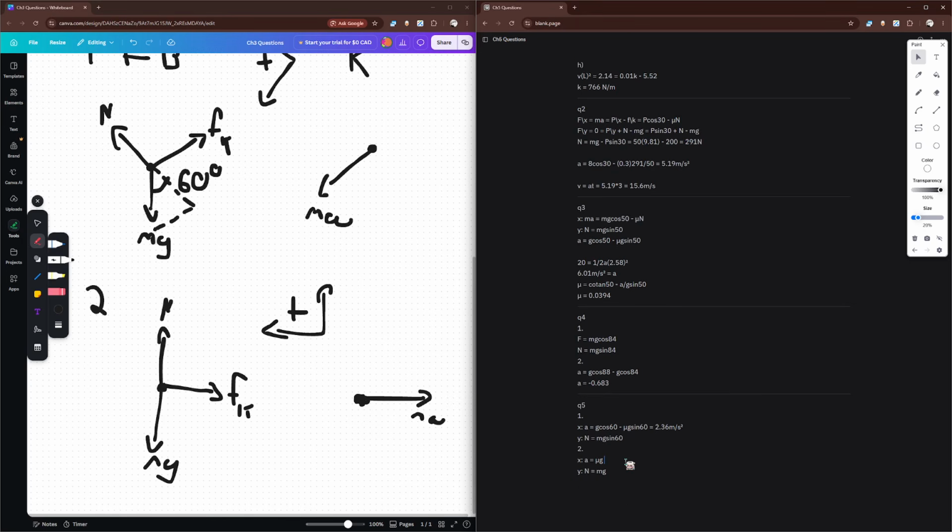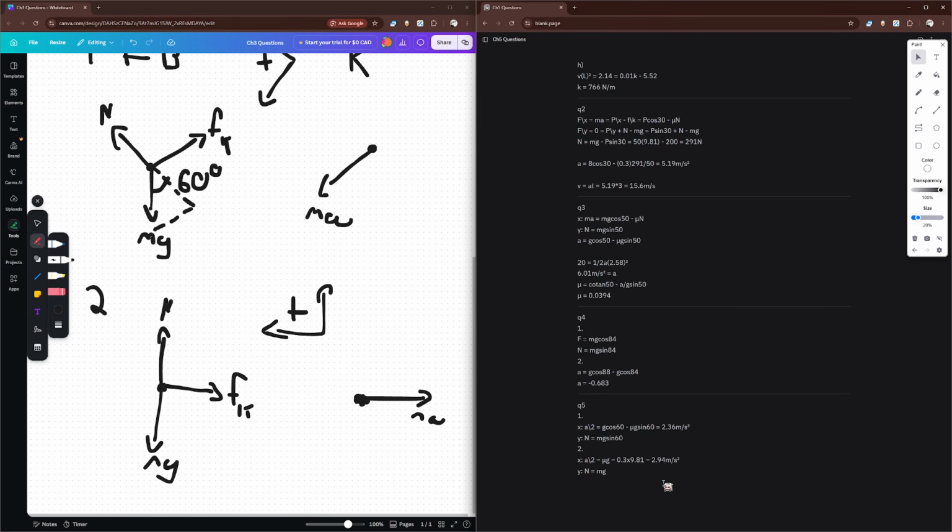So here A is just equal to 0.3 times 9.81, which is 2.943, or 2.94 meters per second squared. I'll call this A2 and I'll call the previous one A1 just to avoid confusion.